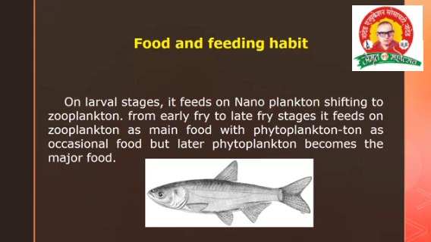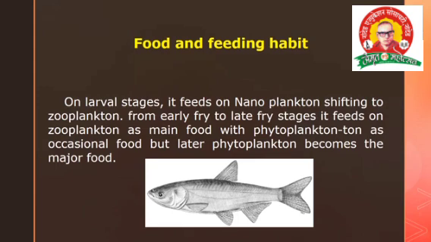From early fry to late fry stage, which is the next step in the growing period of silver carp, it feeds on zooplankton as the main food with phytoplankton as an occasional food, but later phytoplankton becomes the major food.